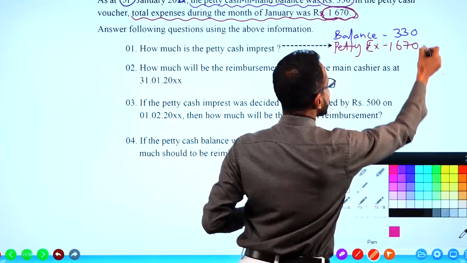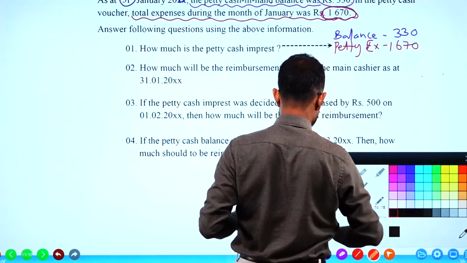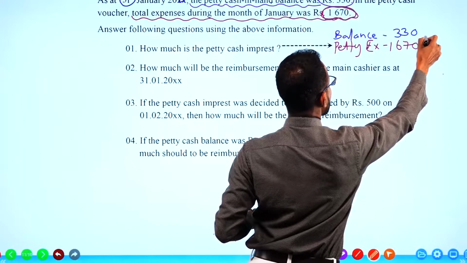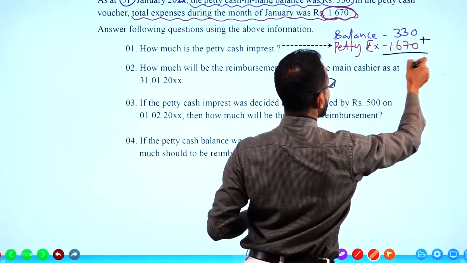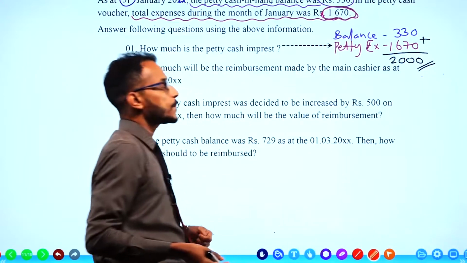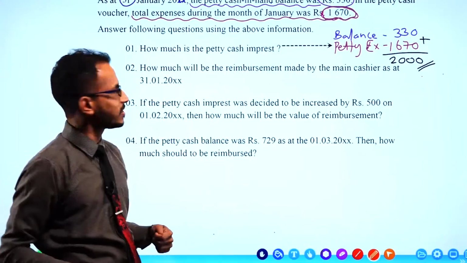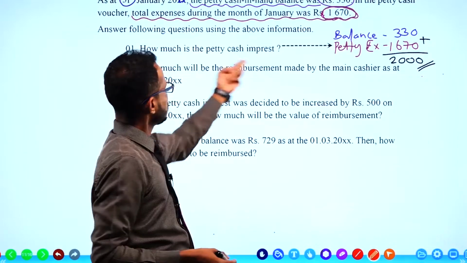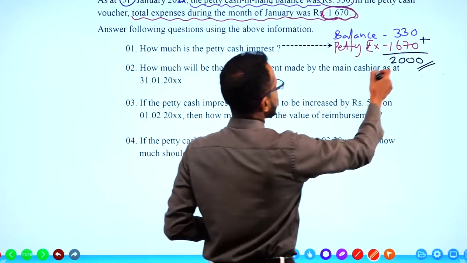Add these two together, and you get 2,000. This is the petty cash imprest of the month. How much is the petty cash imprest? 2,000.